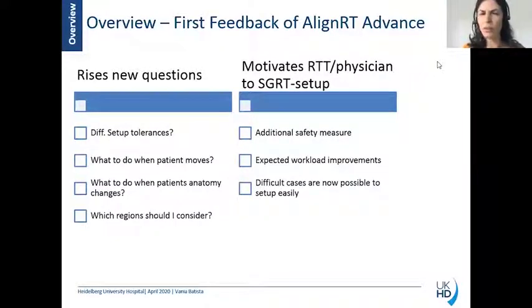Should we move the table? So move the patient? And that is something that is now also easy when you are using Align RT Advanced, because now with the video function, you see that the patient is outside tolerance, and you can easily detect why: where is the arm that has moved, is the patient no longer in breath hold, is something different in the room.